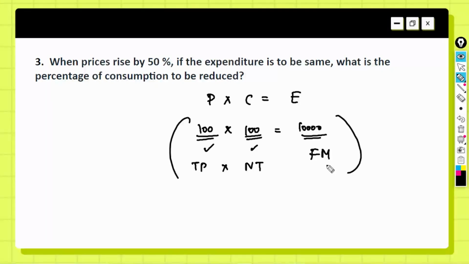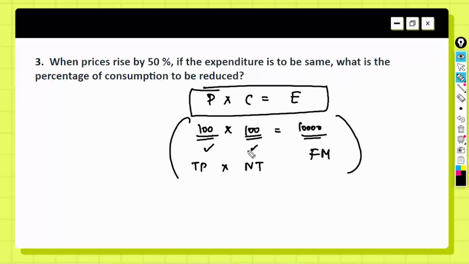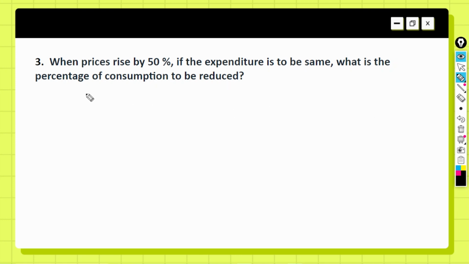For people who love formulas, this itself is sufficient. So you can just always remember 100 into 100 equals 10,000. 100 is one ticket price, and I'm buying 100 tickets, and total amount is 10,000. This is the idea. 100 into 100 equals 10,000 is the initial case.